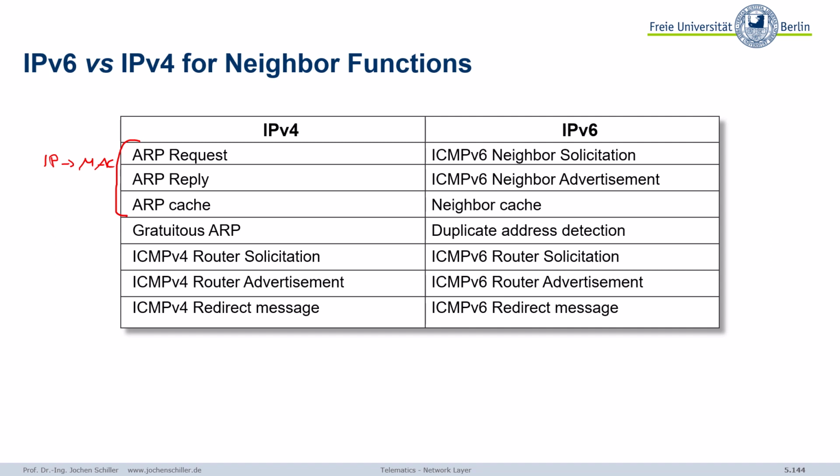That's the equivalent for the ARP cache. Okay, so that's the idea. And we also have like this gratuitous ARP where we can simply just send out ARP requests without needing them, just to check if everything is okay, duplicate address detection. We have now special things for routers, which was handled with ICMP version 4, now also handled with ICMP version 6.